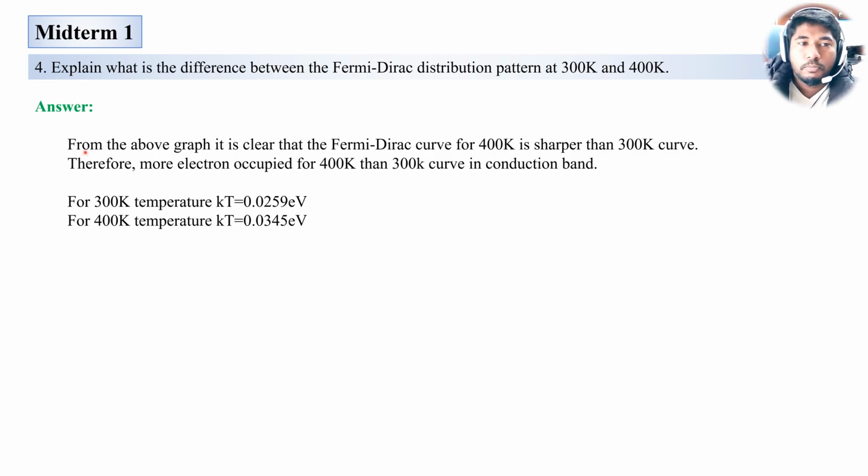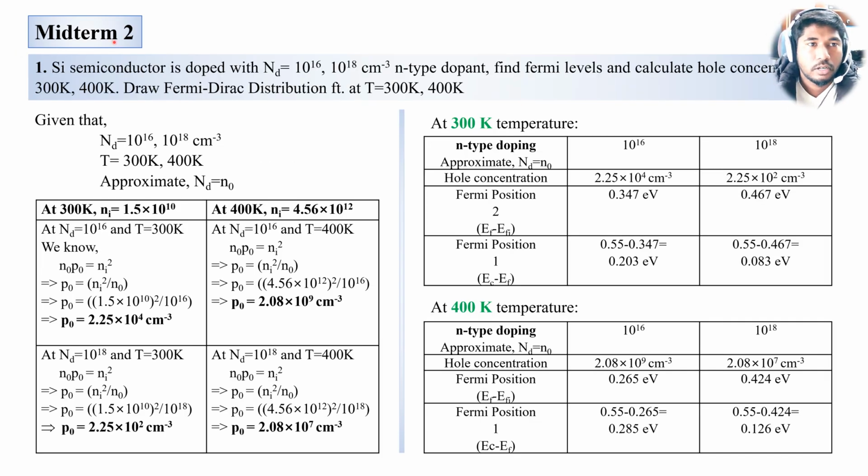So from the above graph, it is clear that the Fermi-Dirac curve for 400K is sharper than 300K, and more electrons occupy the conduction band at 400K than at 300K. From calculation we know at 300K, kT equals 0.0259 electron volt, and for 400K, kT equals 0.0345 electron volt.